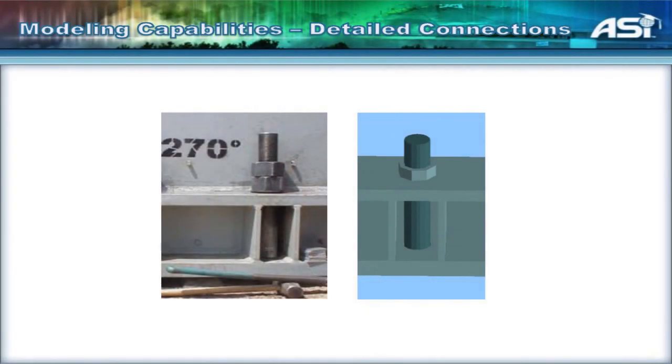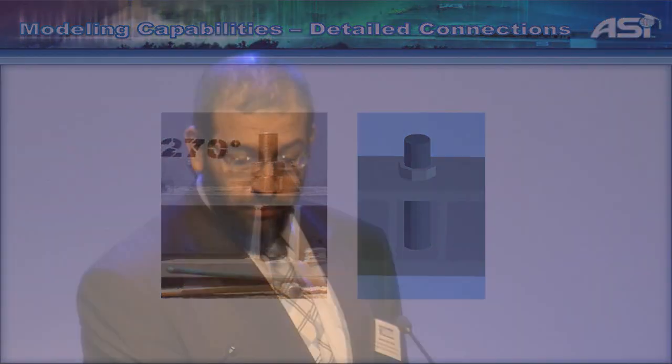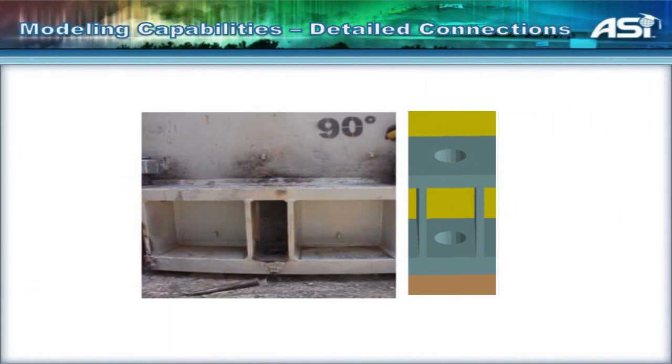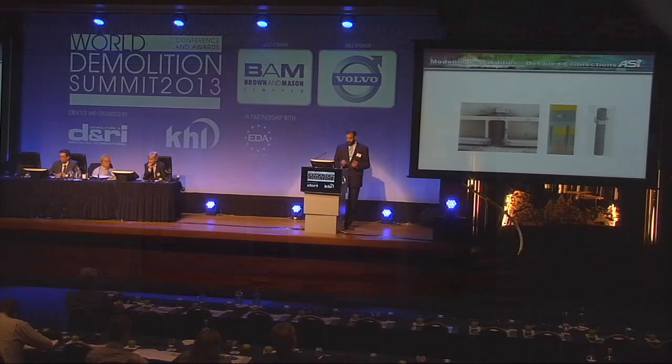If you have a connection at the base and you're going to have an anchor bolt like that, you include that in the model. If you're going to make some changes and take the anchor bolt out, you can actually take this anchor bolt out of the model. If you are going to cut just the lower part of the flange, you can model the flange with the lower part taken out.